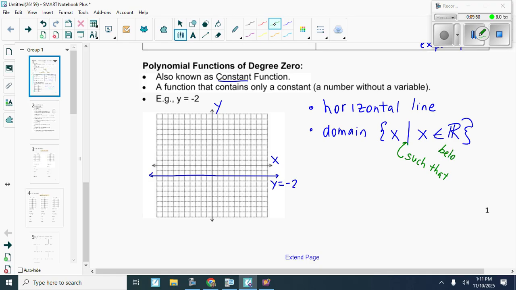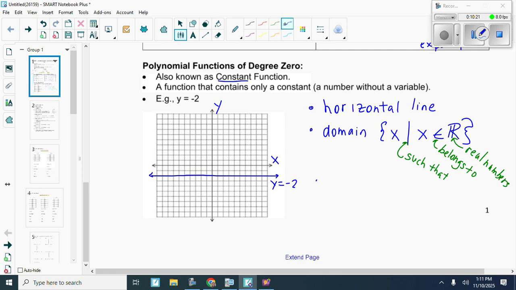Belongs to is this, a Greek letter, the epsilon. And then this is real numbers. It looks like an R, it just has a double bar. If you just write a normal R, that's fine, I'll understand what you mean, but you'll see that I write it as a double bar.